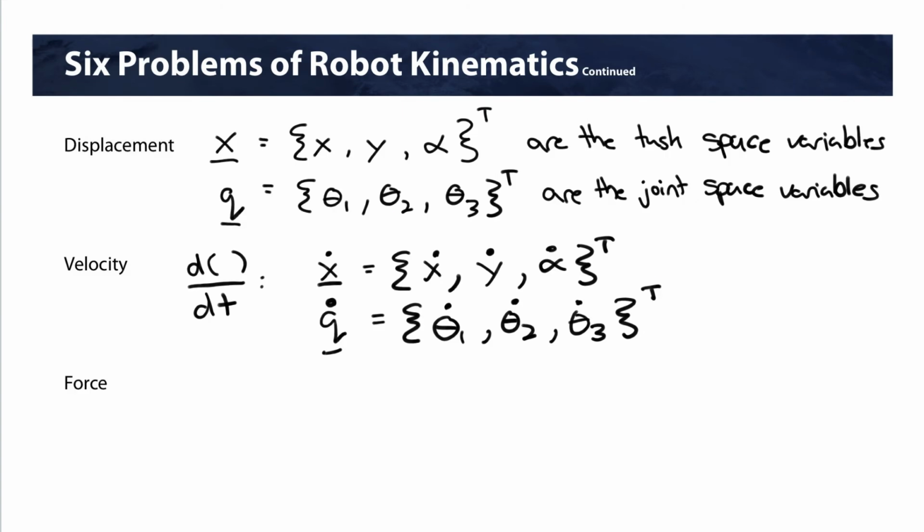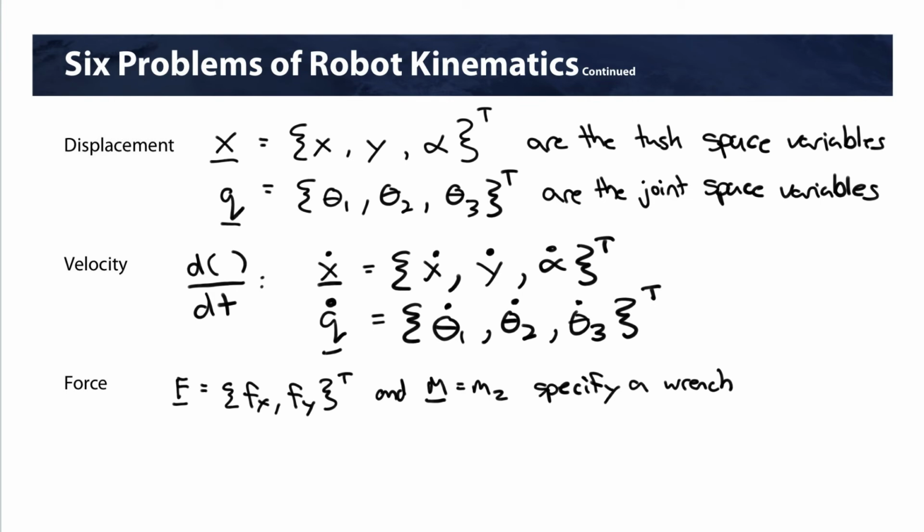So in terms of our task space variables, we'll have f, which is fx, fy, and we'll have our moment, which for the planar case is just mz. And they specify a wrench quantity in the task space.